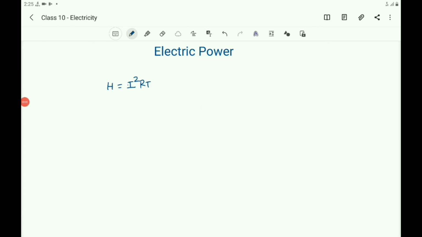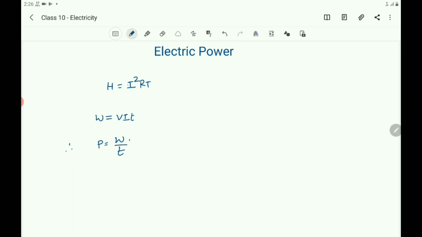When a current I flows through a circuit for a time t at a constant potential difference V, the work done is given by the relation W equals V I T. Therefore, you can have electric power P equals W by T, as power is the rate of doing work.